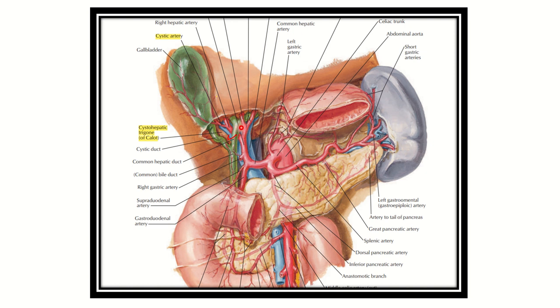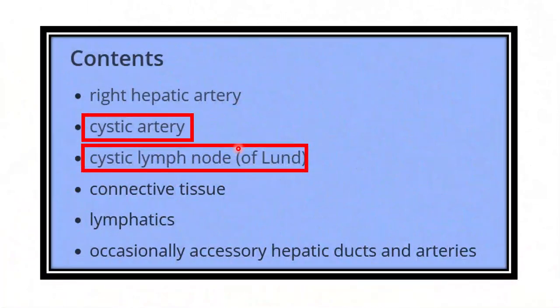And during laparoscopic procedure, sometimes the common hepatic duct or common bile duct may be injured, and if this happens, the surgeon converts the lap cholecystectomy into open cholecystectomy, and then the repair of the common bile duct or common hepatic duct is done, and then cholecystectomy is done.